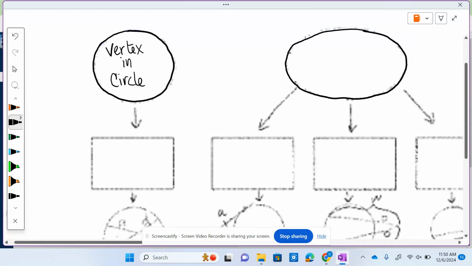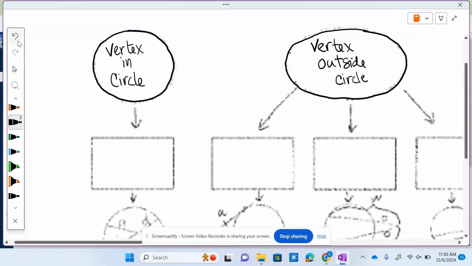Just like on the back side, we had vertex in the circle, vertex on the circle, and vertex outside the circle. We don't have anything on the circle, but we do have a vertex outside.